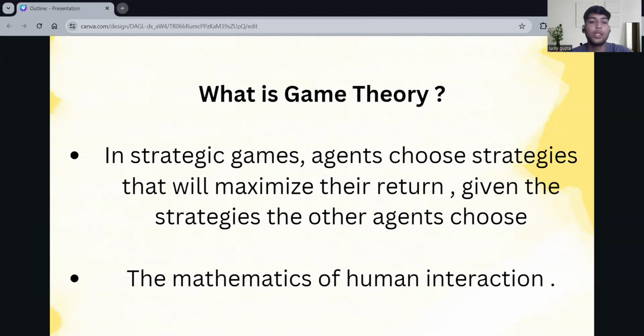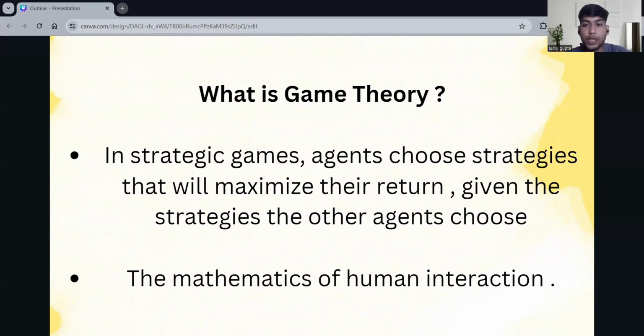As we know, in strategic games, what is meant by strategic games? In general, there are many possible situations in which you have to make decisions that benefit either you, or both you and your opponent, so you will both be in profit.